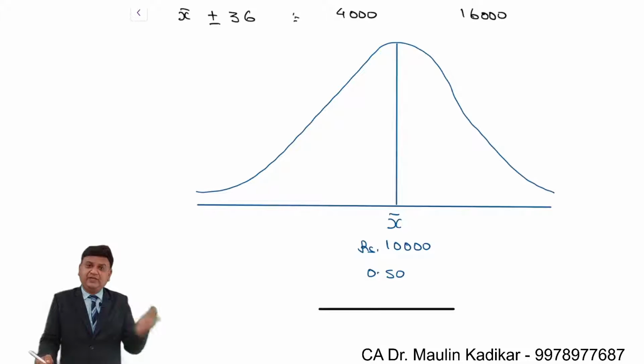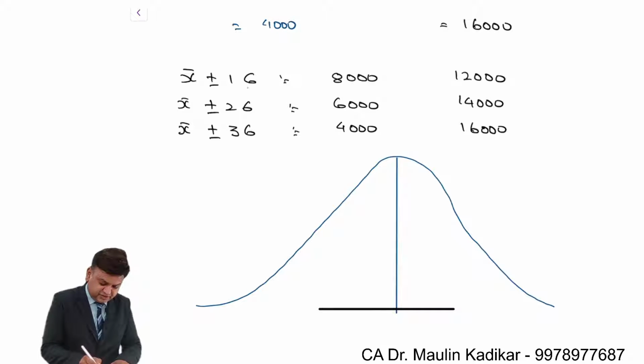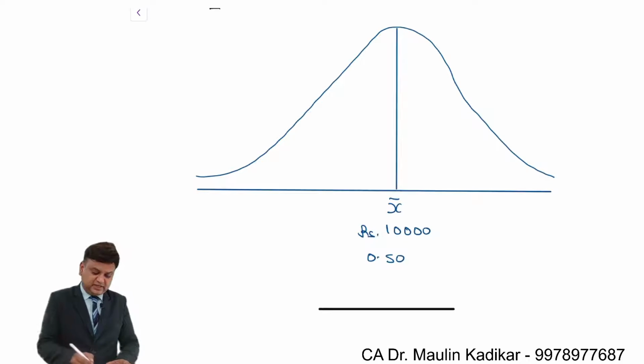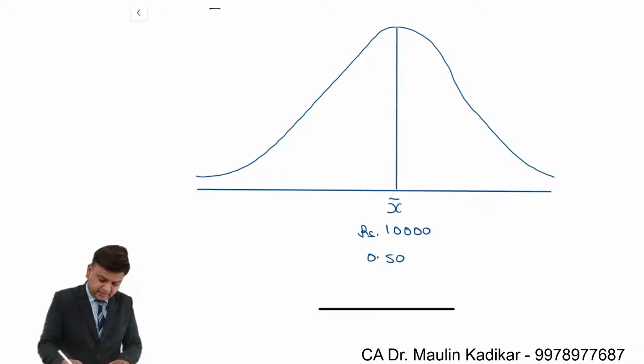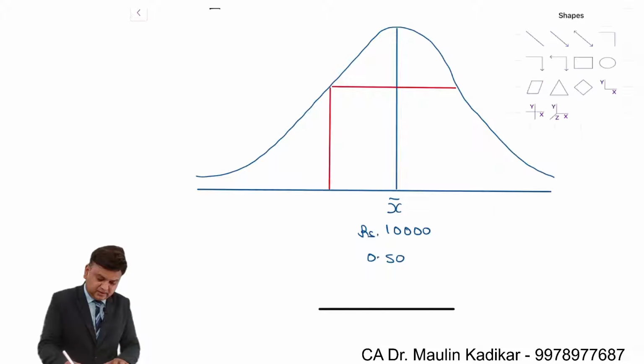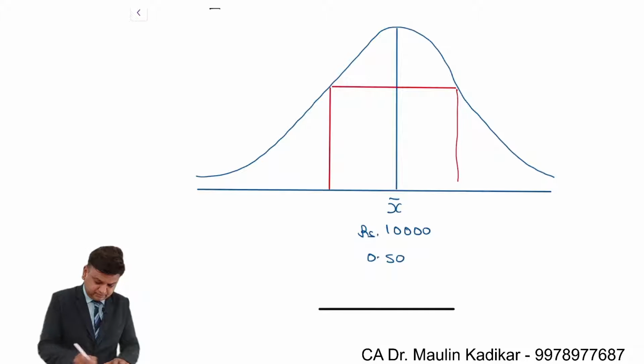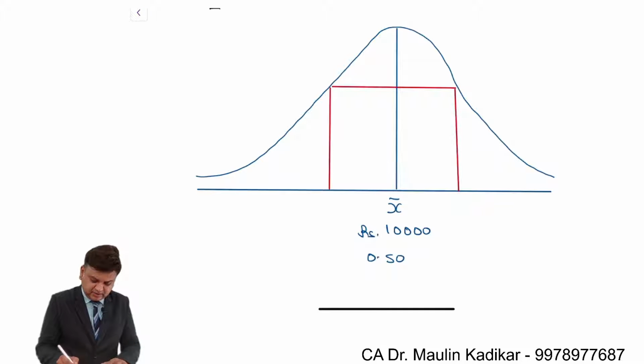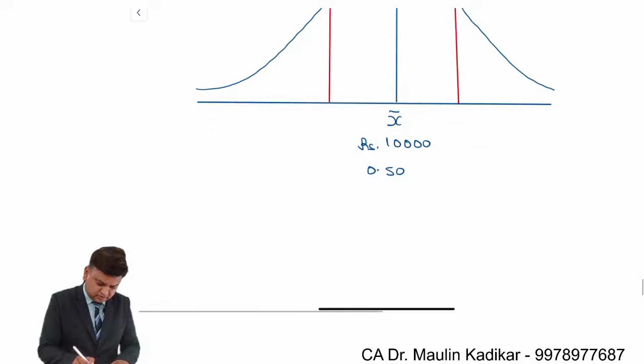Actual result may deviate from the expected result. To what extent it can deviate is measured by standard deviation. Over here, the kind of explanation which they have given is like this. X bar plus or minus 1 standard deviation. So we understand that over here, cash flows of the project will fall in between 8,000 and 12,000.